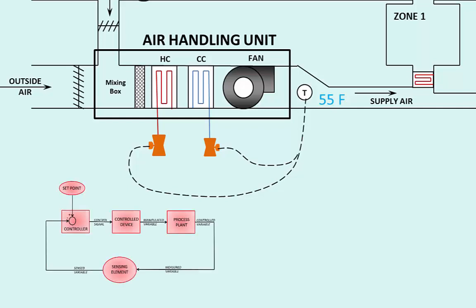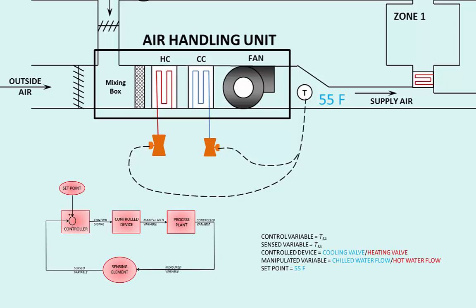So there is the first closed control loop, right there in the air handling unit. The control variable in that control loop is the temperature of the air leaving the air handling unit, and the control devices are the chilled water and hot water control valves, which modulate to ensure we maintain that temperature set point. A typical set point here would be between 55 and 60 degrees Fahrenheit.